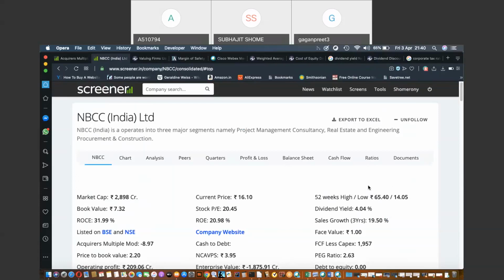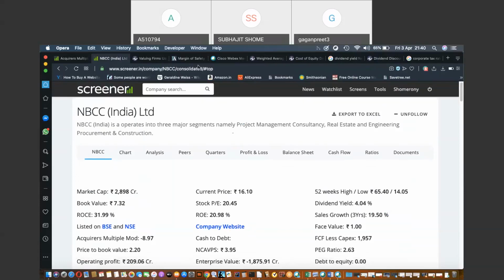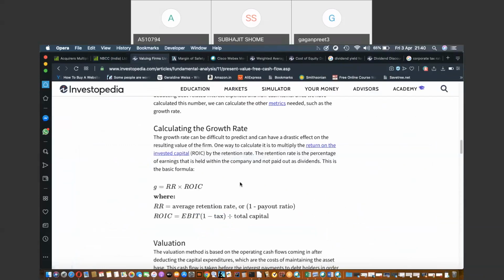So 0.9596 is the retention ratio. And what is return on invested capital now? Return on invested capital is EBIT into 1 minus tax rate, 75%.